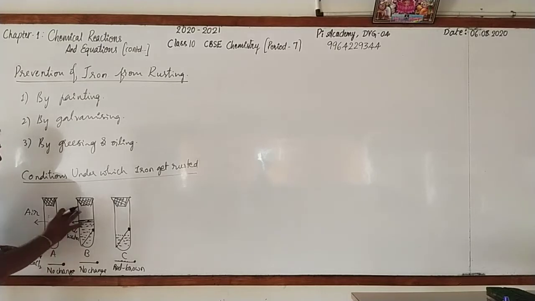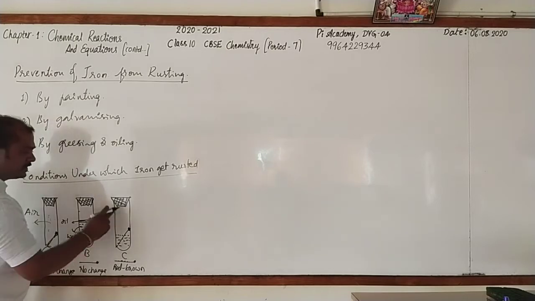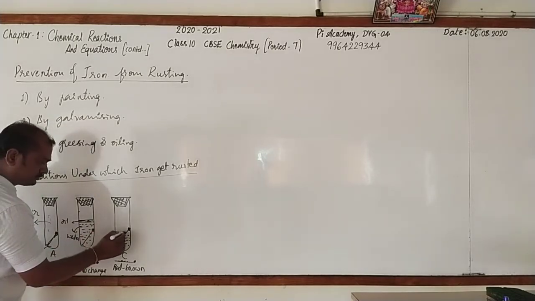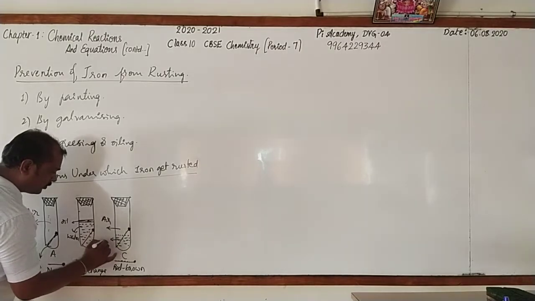What is the reason? Here we are making the iron nail react with only water. By putting the oil, we can avoid the contact of air with the iron nail. Clear? Whereas in the third case, the iron nail is immersed partially in the water.